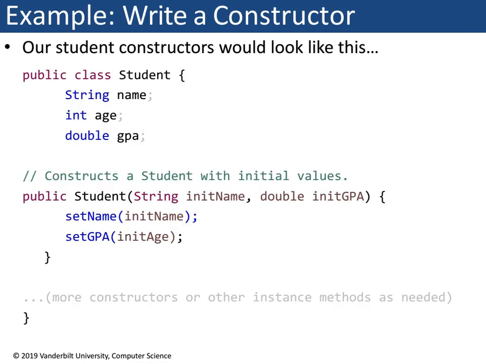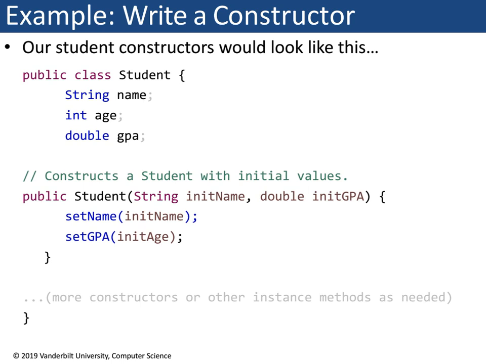So going back to our student class example, we would have these instance variables, name, age, and GPA, and then we could define a constructor like this. Public, and then the name of the class, so Student. Notice not static, not void, there's no return type, and we did not use the keyword static because this is an instance method.